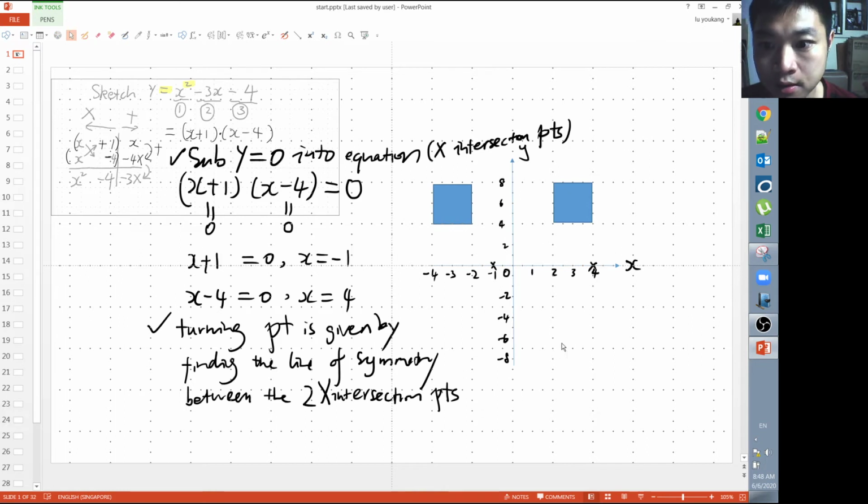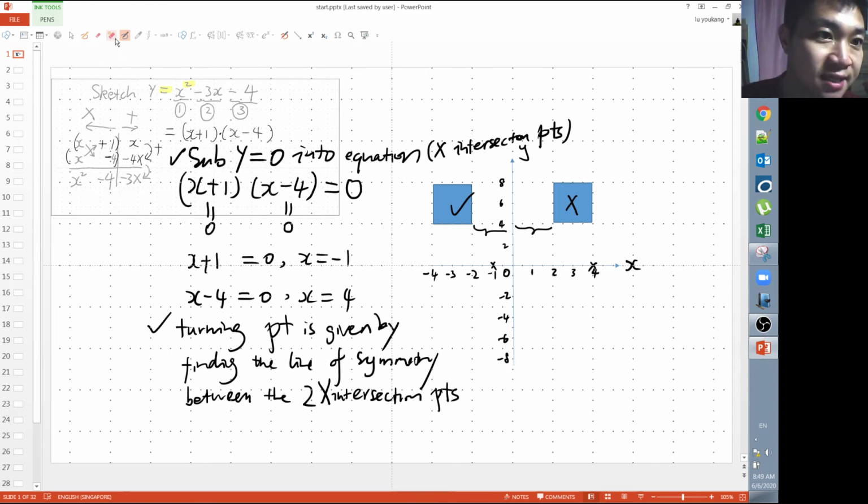It should be exactly the same, and the distance the object is from the y-axis should be the same for the image to the y-axis. So this is the mirror image of the object. Therefore, the y-axis is your line of symmetry, or you can call it the reflection line. Now with this understanding, let me continue.